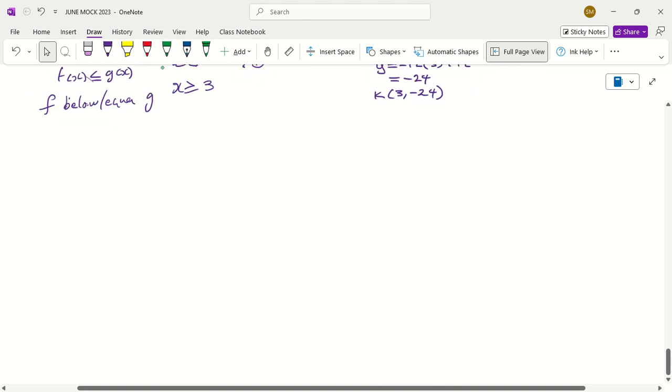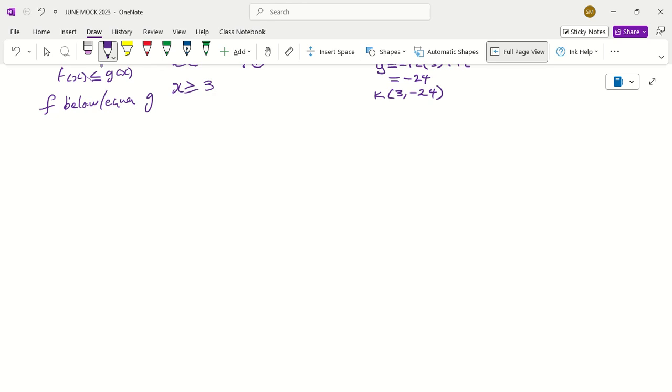So now we need to find the distance. And if I can write it here as 6.4. So here's my 6.4. CD is equal to f of x minus g of x.